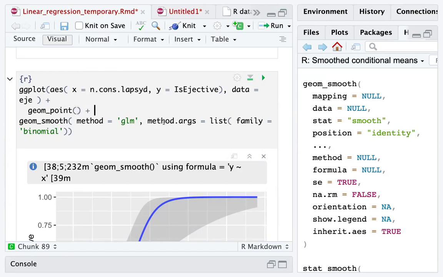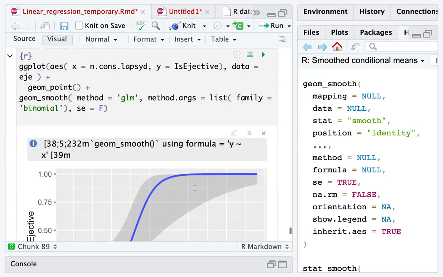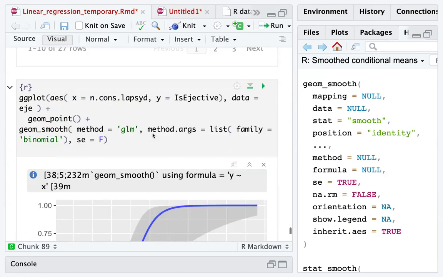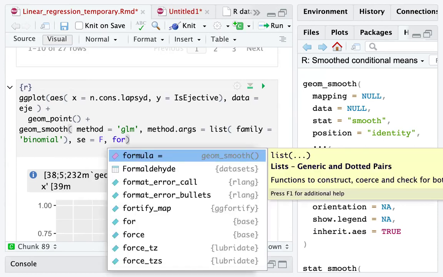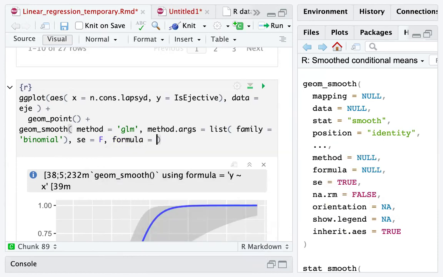And then what I want to remove also is the standard error, so this shaded area, and I have to put also formula. Formula, I want to predict y using x.